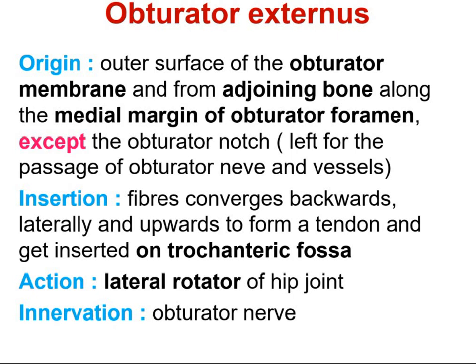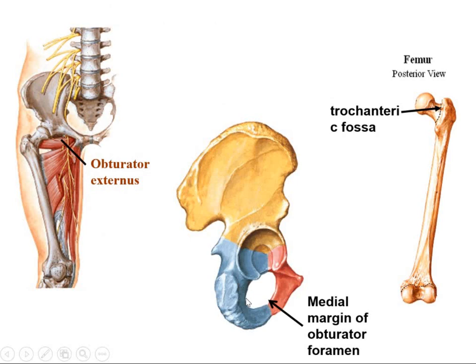Okay, this is the acetabulum where the head of femur attaches to form the ball and socket joint, and here we have the obturator foramen, and the margin of the obturator foramen is where the membrane will attach. Okay, so this will be covered by an obturator membrane. Okay, so it is originating from the outer surface of this obturator membrane and the adjoining bony area. Okay, so it will originate from here except the obturator notch. Okay, why except this? Because it is the area left for passage of obturator nerves.